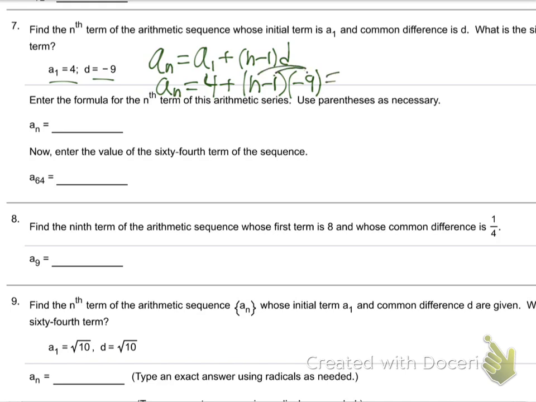So we get 4 plus negative 9 n plus 9. The 64th term? Yep. So that's 13 minus 9n.